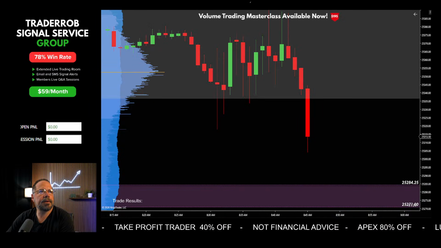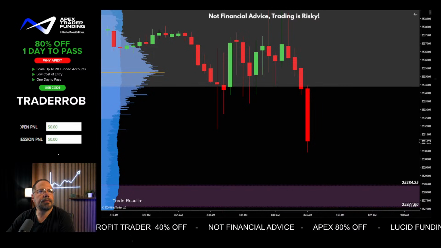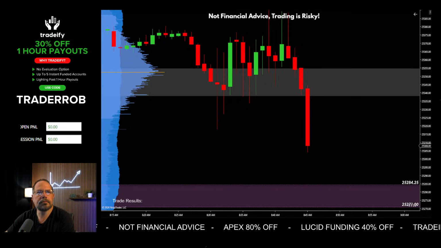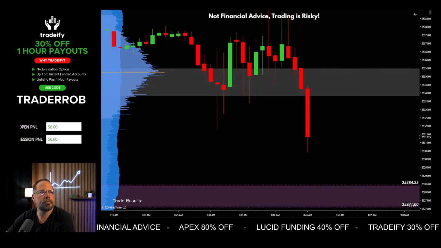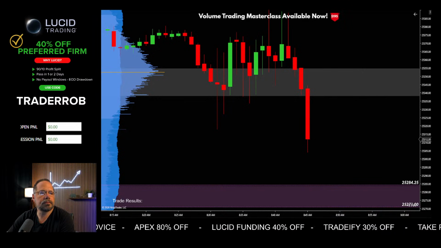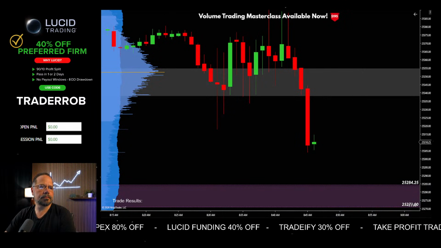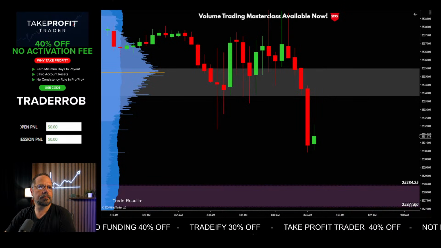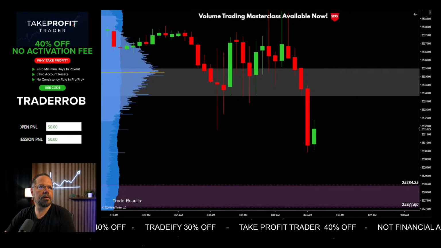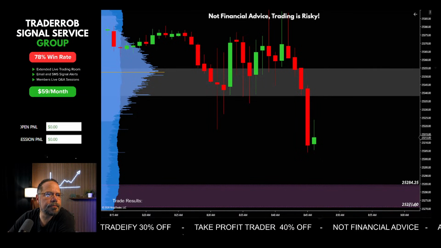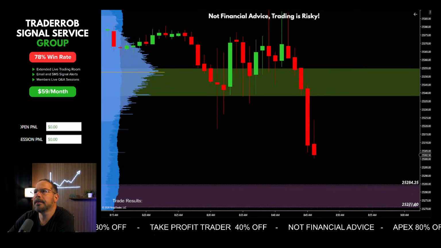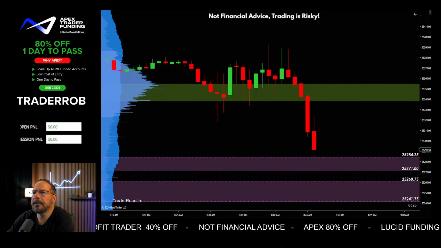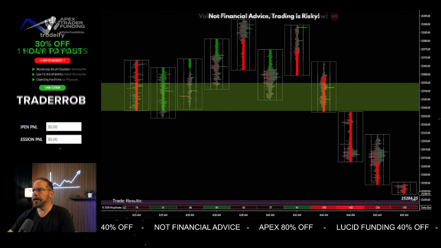All right, so market kind of left a pocket right here. It's kind of ugly, but let's take a look and see how price action here develops off of the first reactionary band.